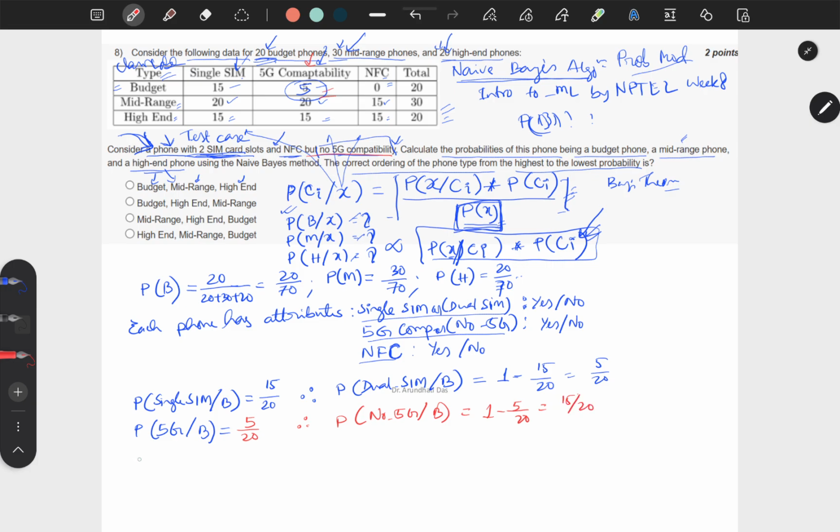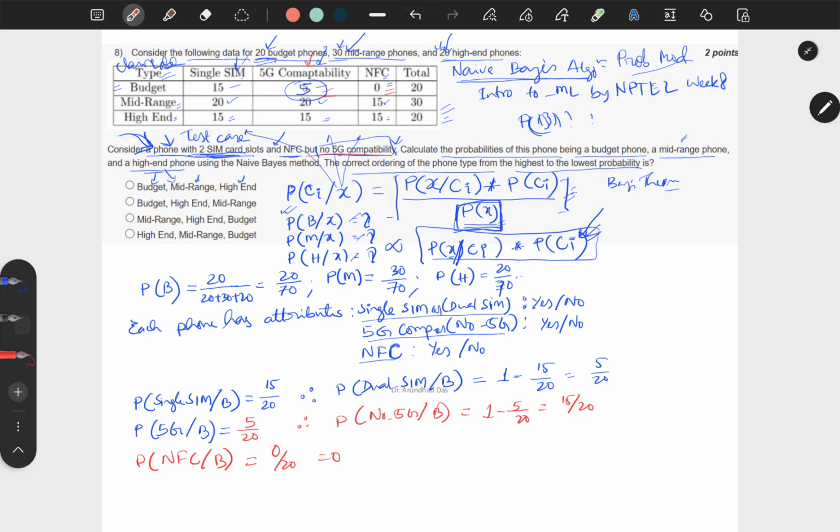And the third feature, probability of NFC given budget phone, is 0 out of 20, so it is simply 0.